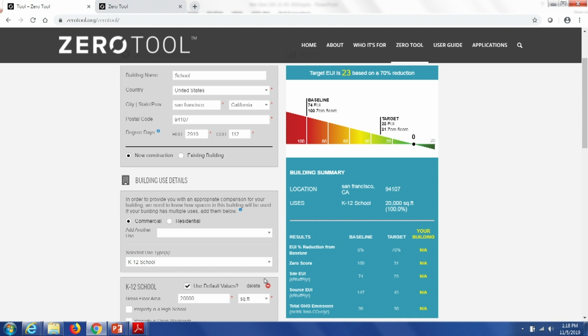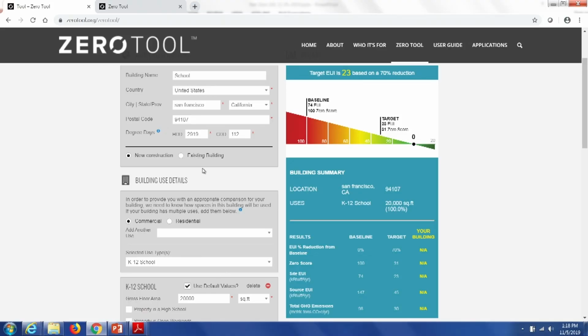That's your starting point. If I'm going to design a building and use some basic energy modeling tool, I've got to hit an energy use intensity of about 23 as a starting point.